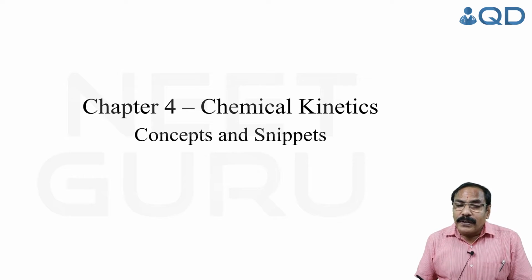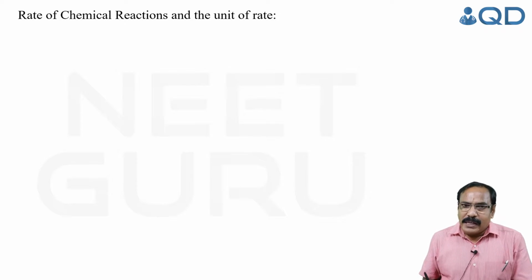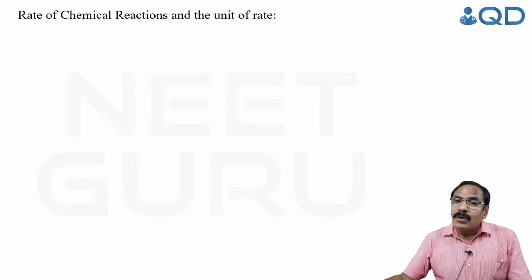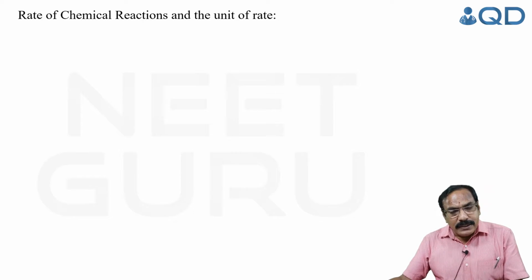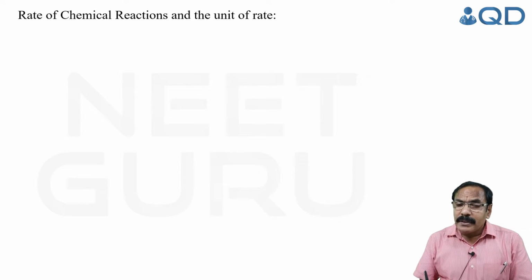It is the rate of a reaction at a particular instant of time. So, let us discuss first the rate of reactions, then we will go to average rate and the instantaneous rate and how to express the rate. It is called the rate expression.